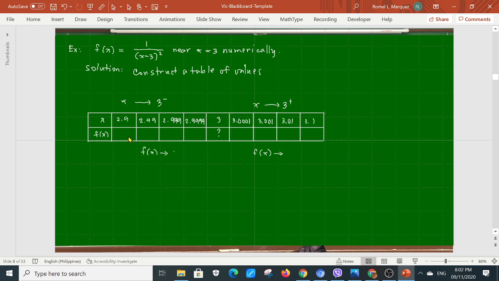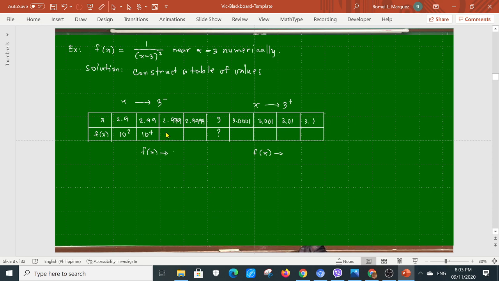So what value? I use the calculator: 1 over (2.9 minus 3) quantity squared. I get 100, which is 10 squared. For 2.99, I think it is 10 to the 4th, which is 10,000.